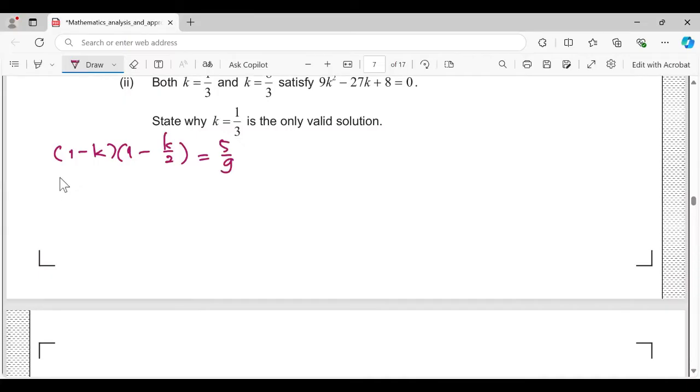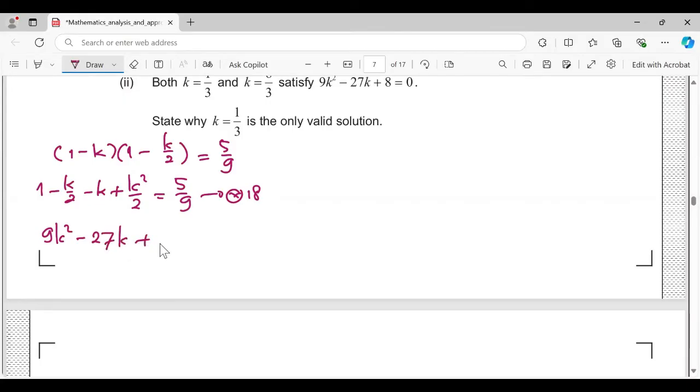And it is 1 minus k half minus k plus k squared half equals 5 over 9, times 18, and it becomes 9k squared minus 27k plus 8 equals 0.